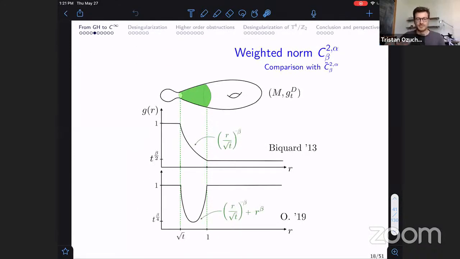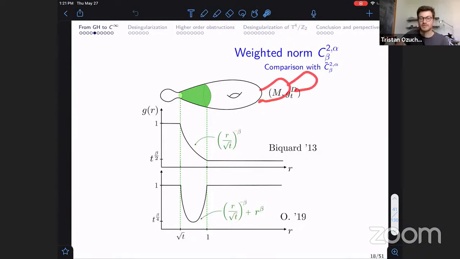So why is it useful to have such a norm? Well, let's compare it to the norms that are usually used, say in the work of Biquard. What's bad about the usual norms, which have just one weight, is that they impose a convergence speed on the orbifold part, and that's usually not satisfied. You may have deformations of your orbifold, but that's even worse if you have other singularities appearing.